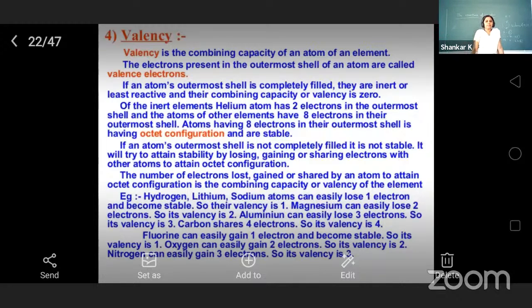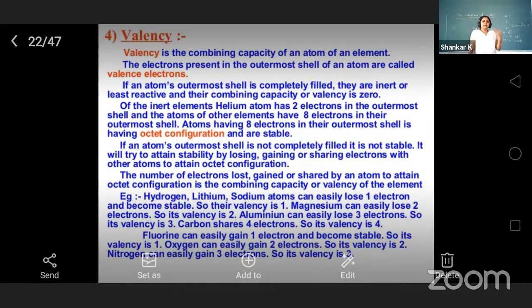Magnesium can easily lose 2 electrons. Why? Magnesium's atomic number is 12, so the electronic configuration is 2, 8, 2. In the first orbit 2, in the second orbit 8, and in the third orbit 2. It can lose 2 electrons.